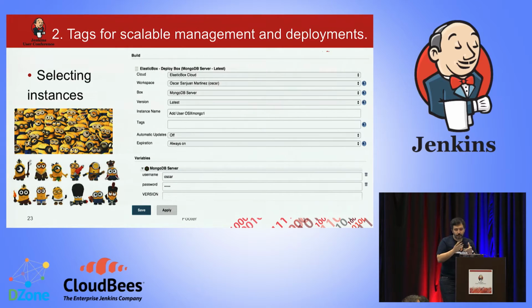After it's deployed, I can say I want to reconfigure, reinstall, or terminate all the Mongos that have the tag development. So I don't care about the individuals, I just select based on tags and constraints which instances of the slaves I want to deal with.